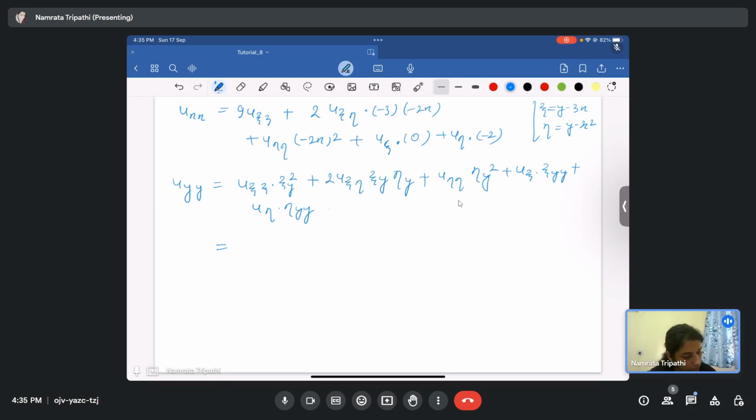It is 1, so we'll get just 1, plus 2 xi eta. What is xi y? It is 1. Eta y is 1. Eta y square is also 1 whole square. Plus xi yy is 0, and eta yy is 0.